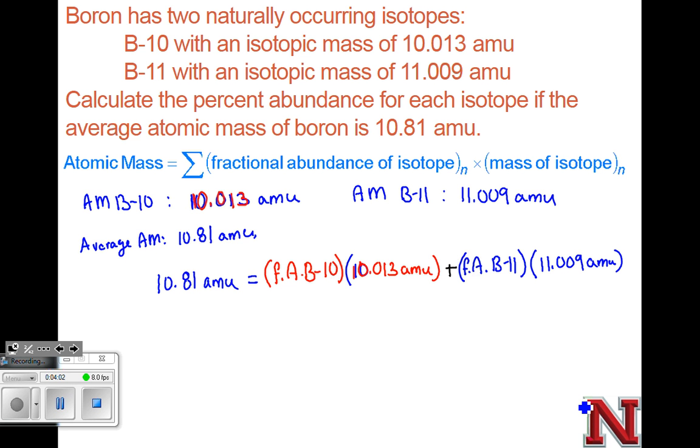Now for me, I don't really work well with all these letters in my unknown, so I'm just going to switch this to x and y, because I do algebra better if I just see an x and a y. This is not something you necessarily have to do, but it just makes it a little bit more clear. So let's say our fractional abundance of boron 10 is x, and our fractional abundance of boron 11 is y, just to make our equation a little bit more clear when we're working it out.